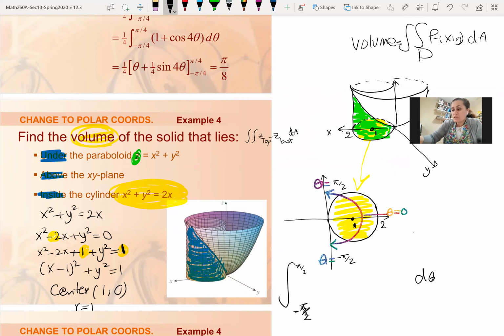The region of integration is always the base of the graph. The other word is the shadow of the solid, okay? So do I always need to set them equal to find it? If there are two surfaces, yes. Two z's, yes. But if there's just really one, you don't need to set them equal.